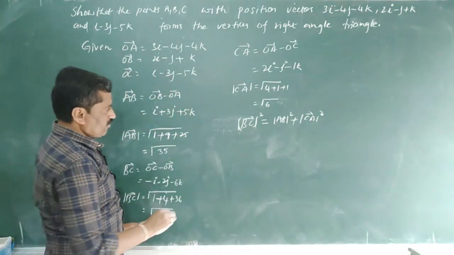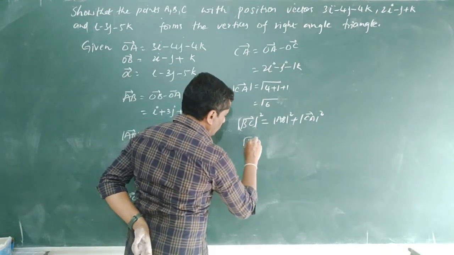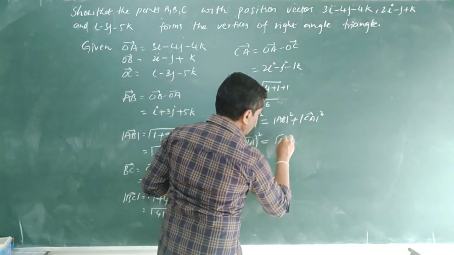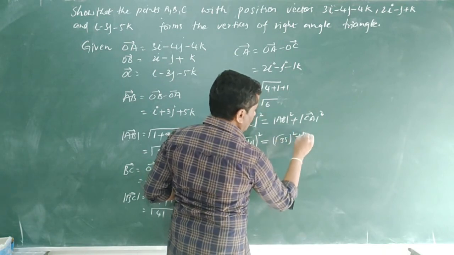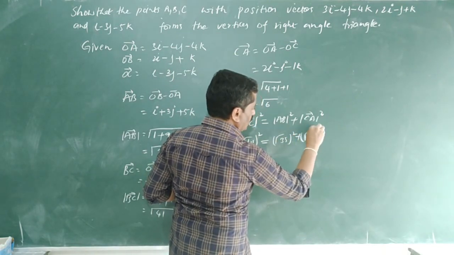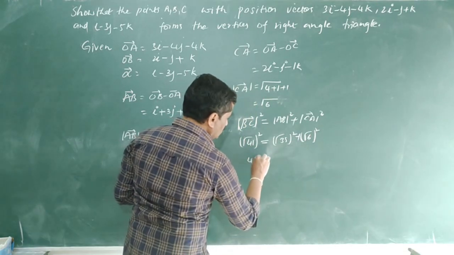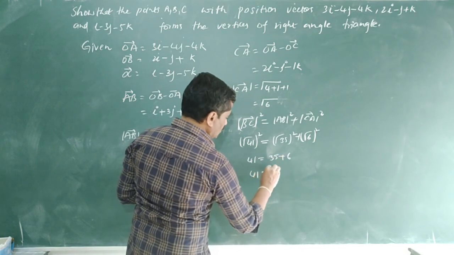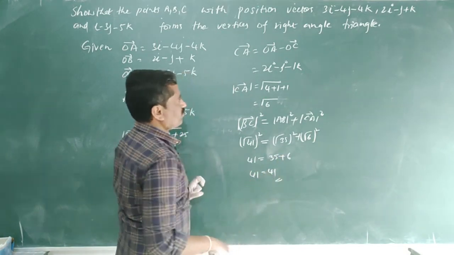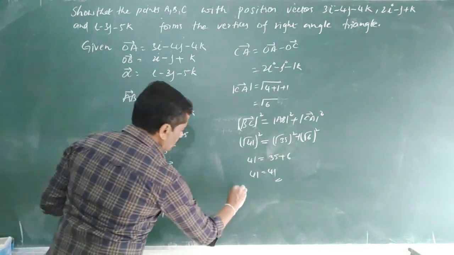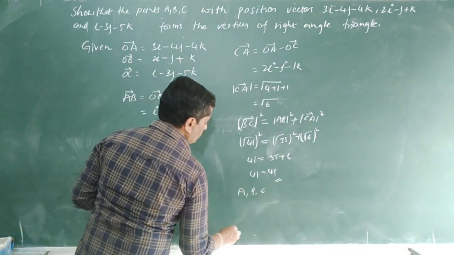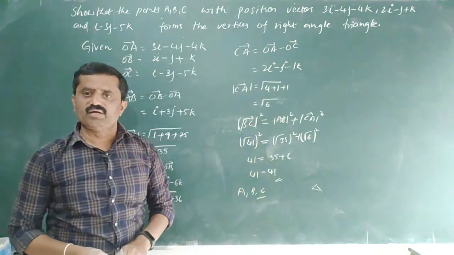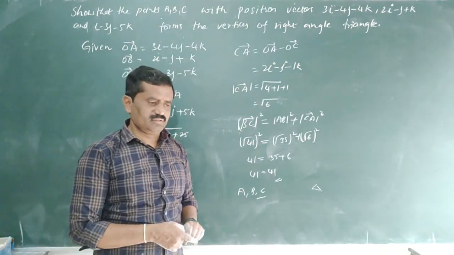We have root 41, so root 41 whole square is equal to root 35 whole square plus root 6 whole square. That is, 41 is equal to 35 plus 6, therefore 41 is equal to 41. Therefore the points A, B, C form the vertices of a right angle triangle. Okay, thank you children.